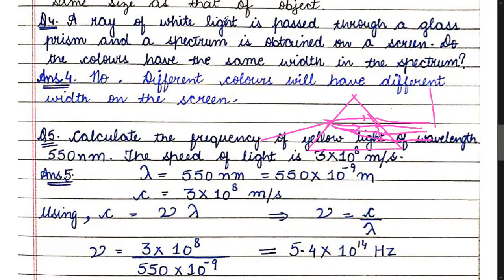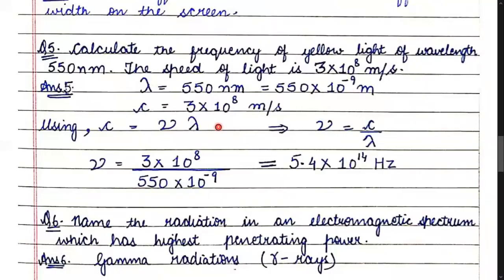Now the question is, will the width of violet, indigo, blue, green, yellow, orange, red be the same? The answer is no. It will not be the same. Why? Because different colors have different widths on the screen. Just remember this.